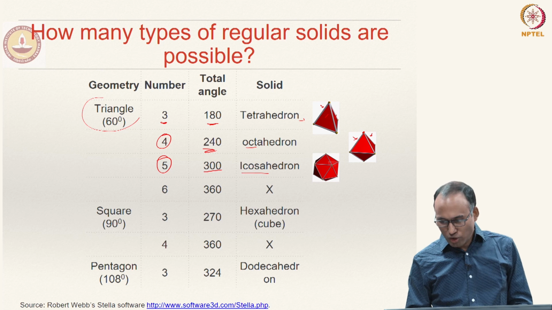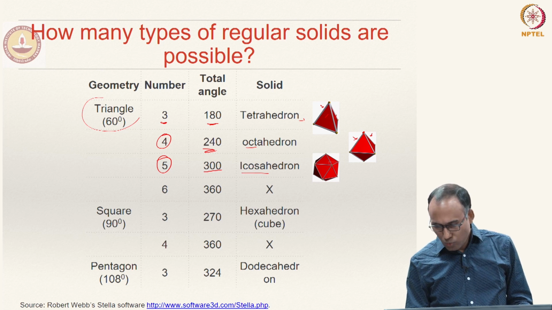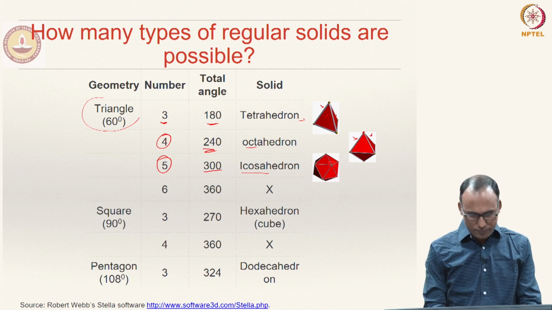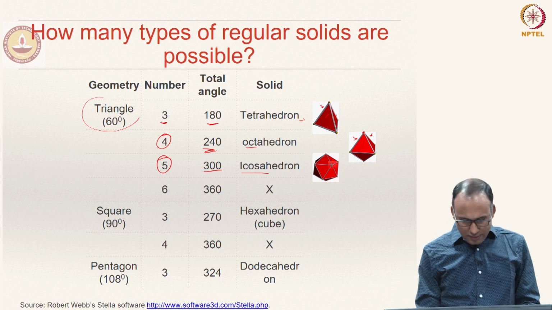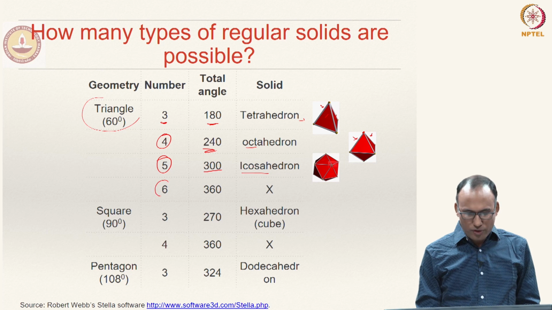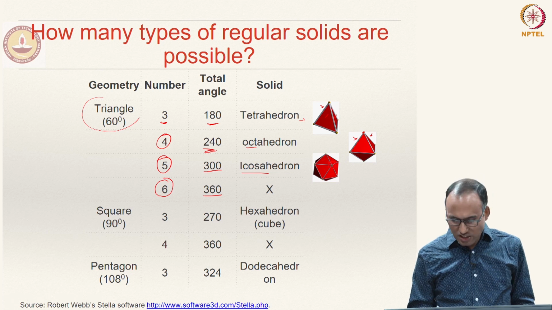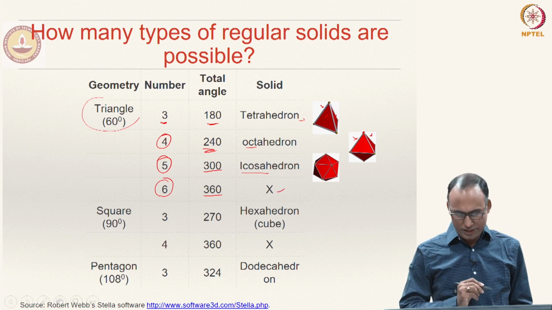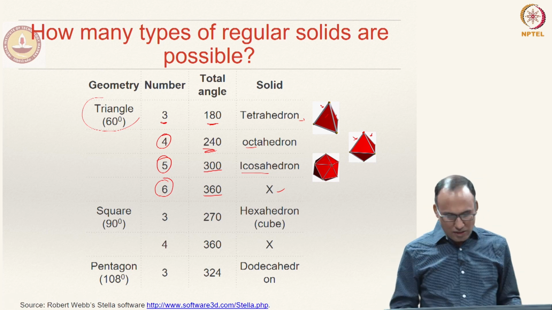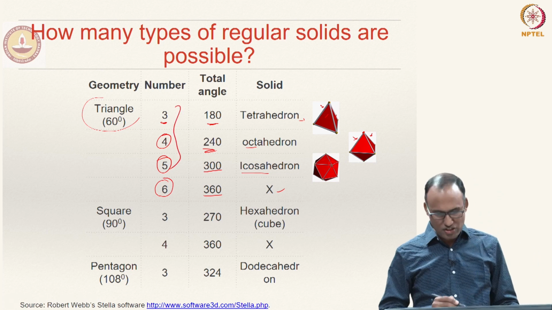So, that will give us our icosahedron, 20 faces, 1, 2, 3, 4, 5, 5 of them are meeting at this point, right. And then let us say next you can have 6 of them meeting, then it will give 360, that means it is equal to 360 and hence it does not qualify as a regular solid. So, with the triangles you can have these 3 combinations.